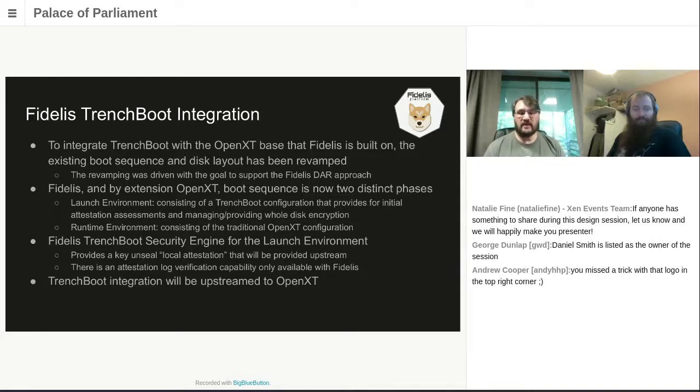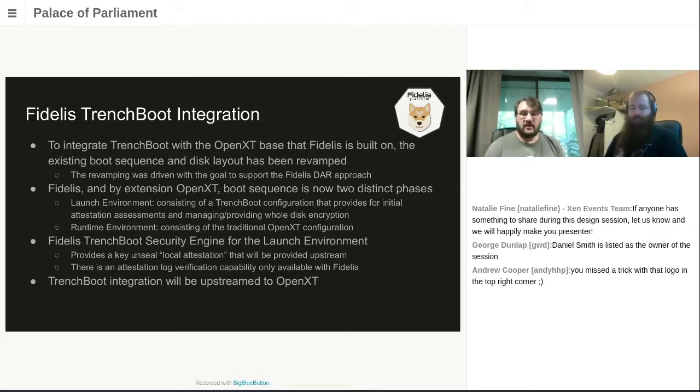And it is basically, we will be taking the Trenchboot early launch capability and integrating it with OpenXT. As I said, as part of this integration, we've revamped how the data at rest works to meet our data at rest requirements.